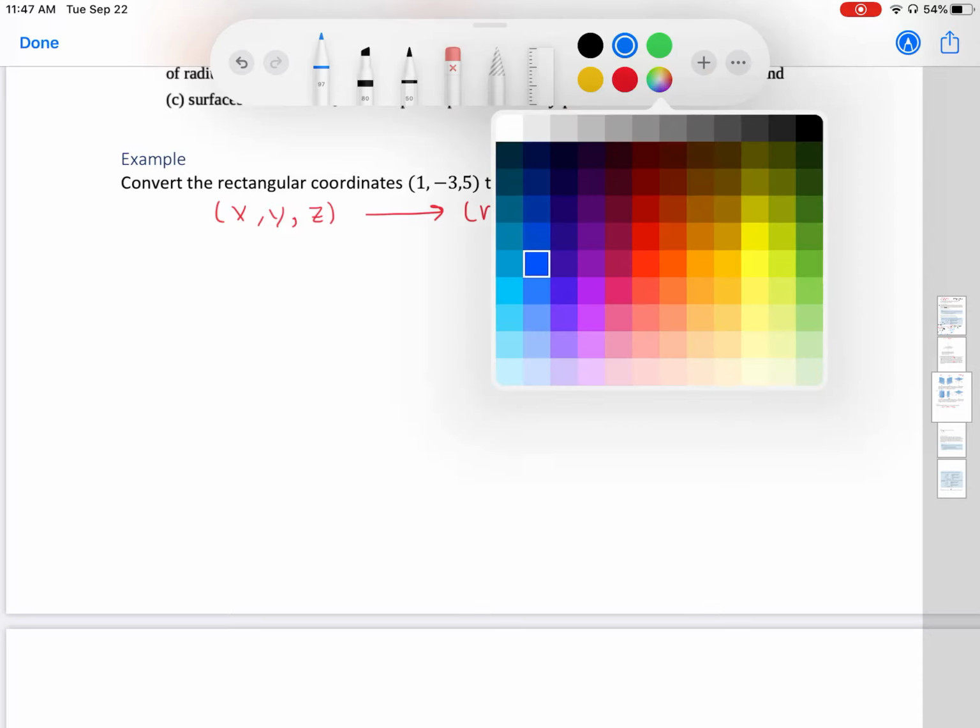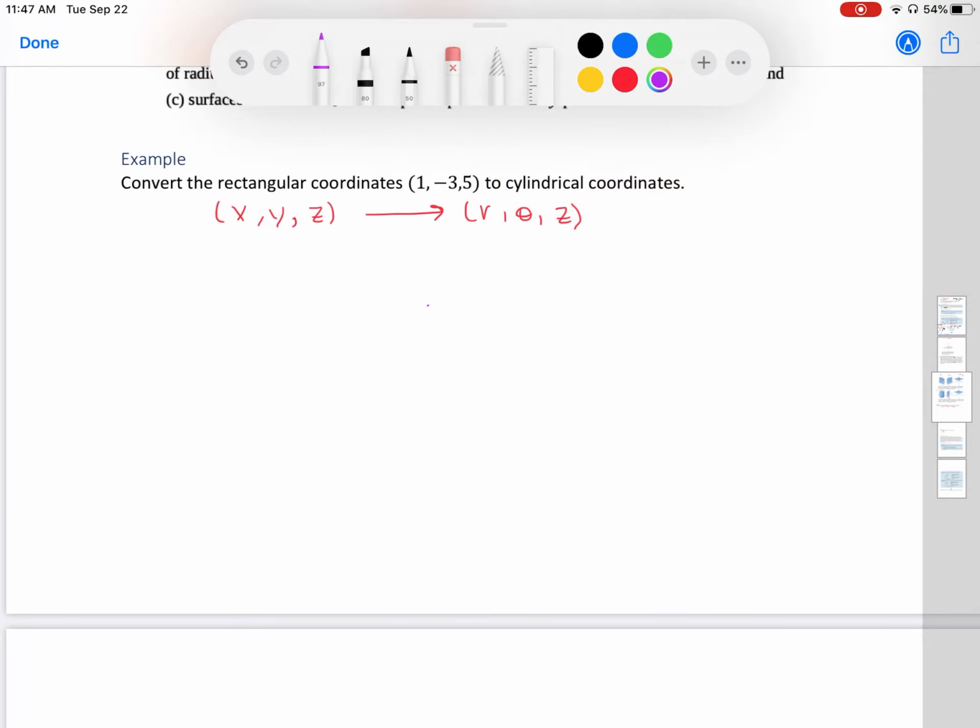If you recall the formula, r squared equals x squared plus y squared. My x is 1, y is -3, so 1 squared plus -3 squared gives us 1 plus 9, which is 10. R squared is 10, we take the square root of both sides, and r is the square root of 10.